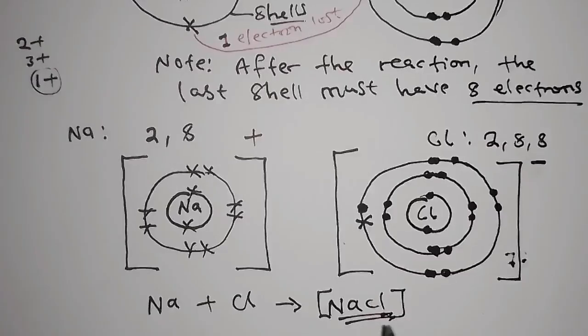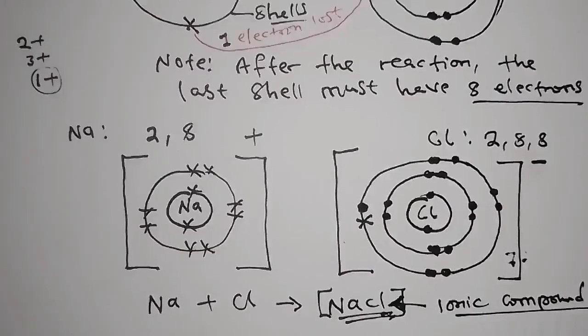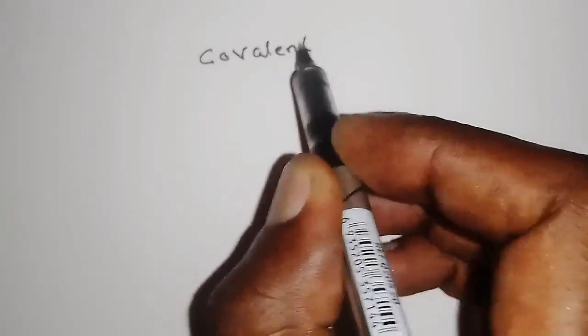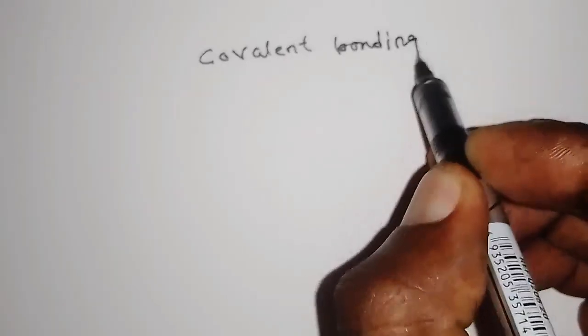What is formed here is an ionic compound. In this one, we are going to look at covalent bonding.